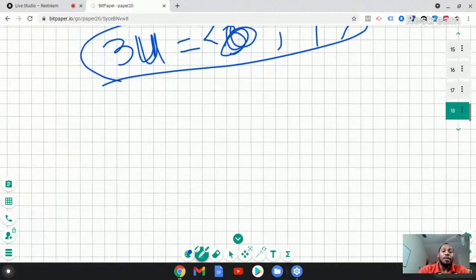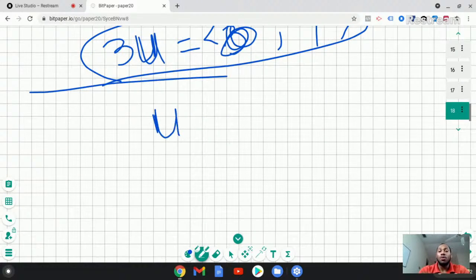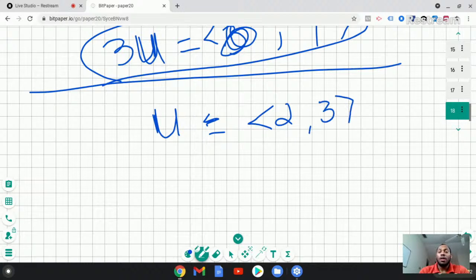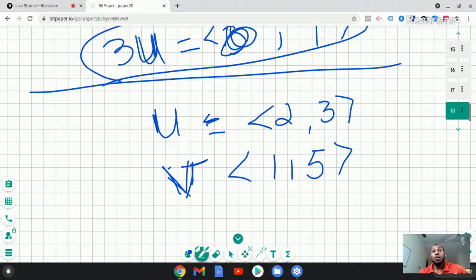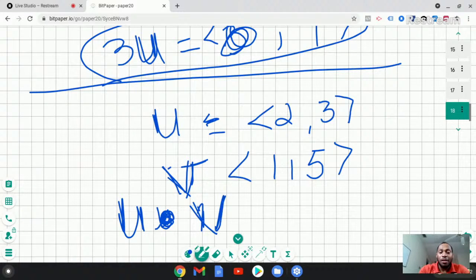Let's say I have u, with coordinates 2 and 3, and v is 1 and 5, I think, right? So the dot product, u dot v. What is that equal to?